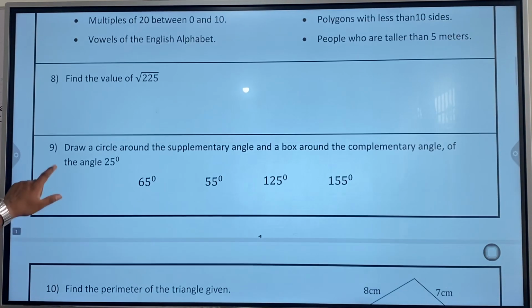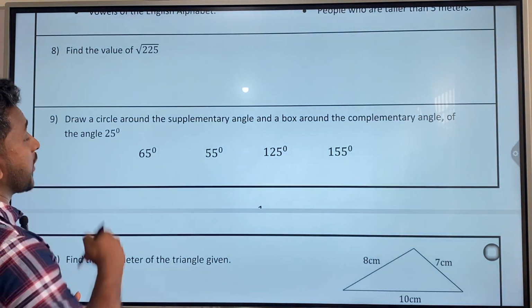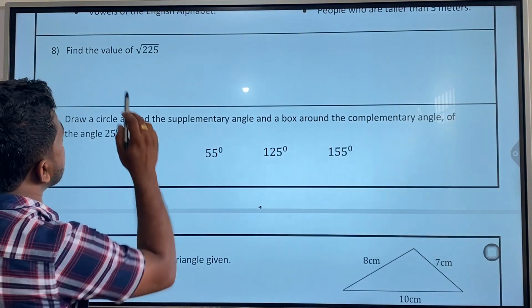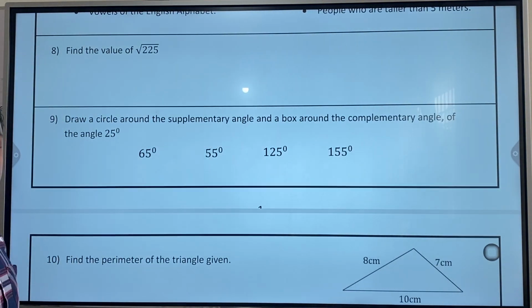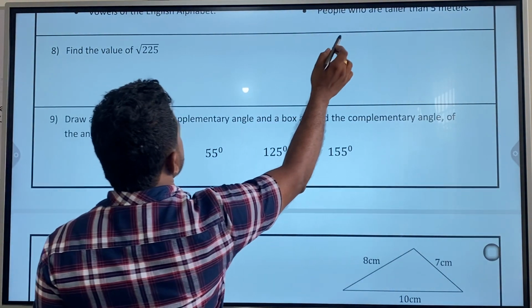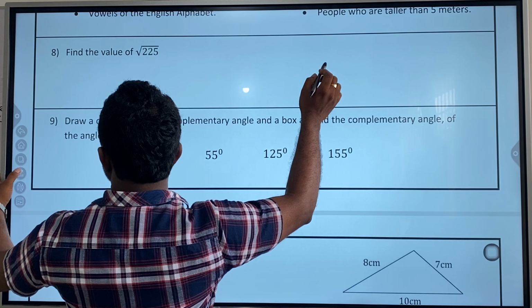Then look at question number 8. Find the value of square root 225. First we have to write 225 as a product of prime factors. To find that, we have to divide 225 by prime numbers.